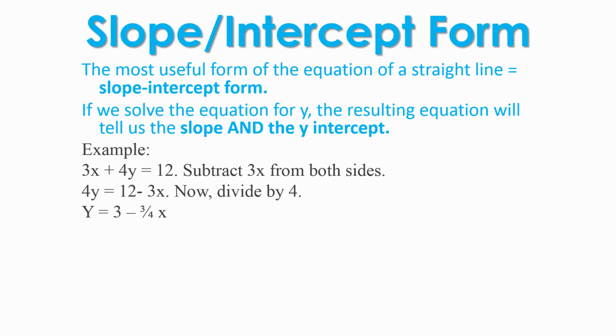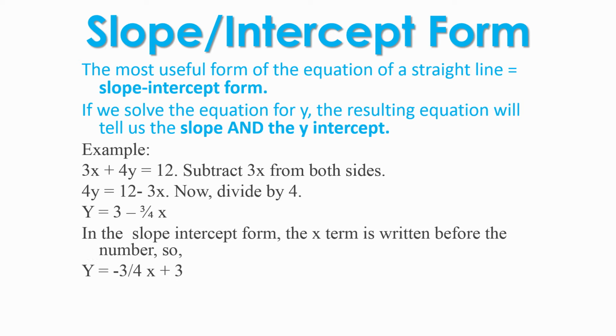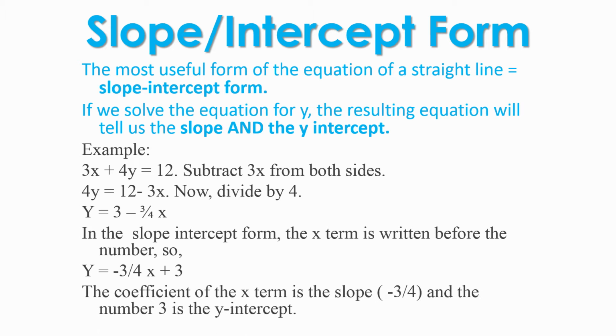Now divide by 4, and we have y = 3 - 3/4 x. In the slope-intercept form, the x term is written before the number. So we make this y = -3/4 x + 3. The coefficient of the x term is the slope, negative 3/4, and the number is the y-intercept, 3.